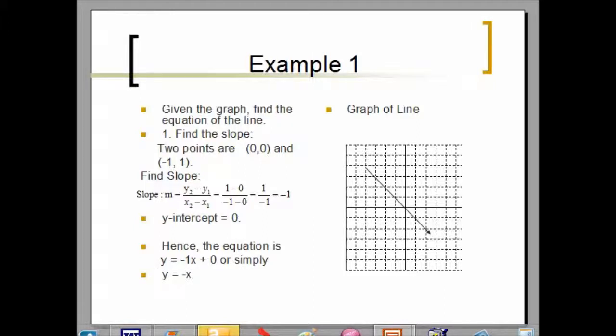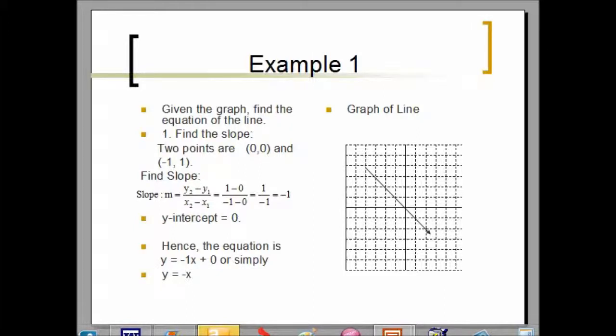When we substitute into the slope formula, m equals y2 minus y1 over x2 minus x1, we start using the coordinates of the second point, (1, -1). y2 is negative 1 and y1 is 0. We have negative 1 minus 0 to express the change in y's, and 1 minus 0 to express the change in the x-coordinate. That is negative 1 over 1, so the slope equals negative 1.